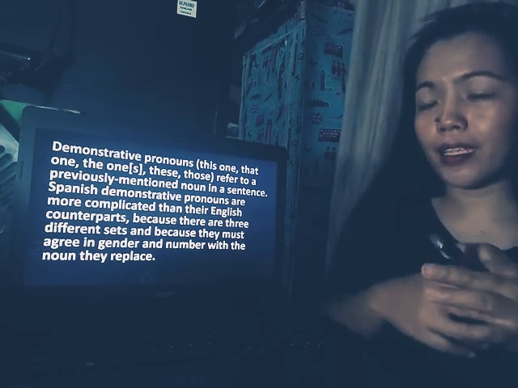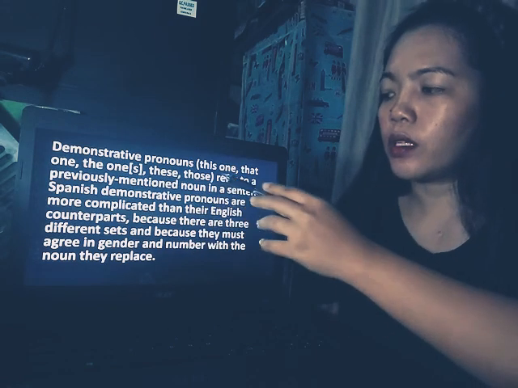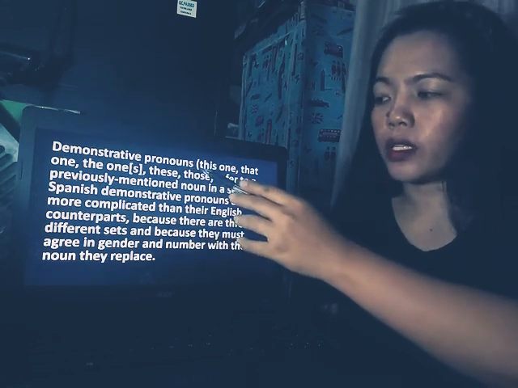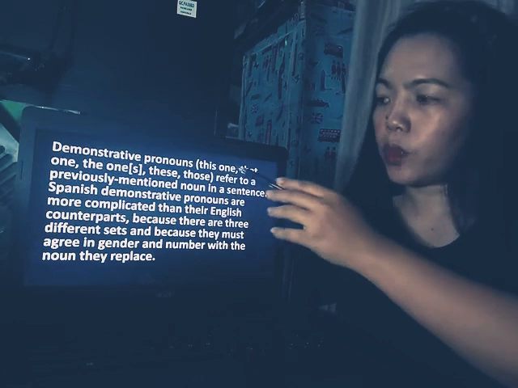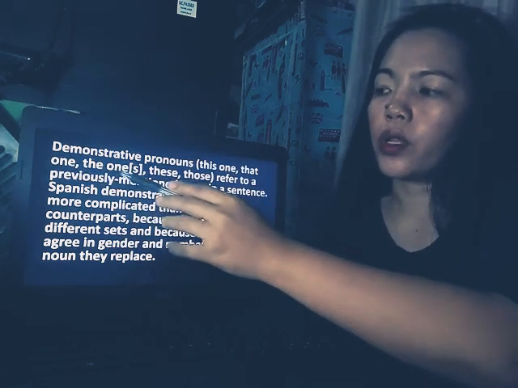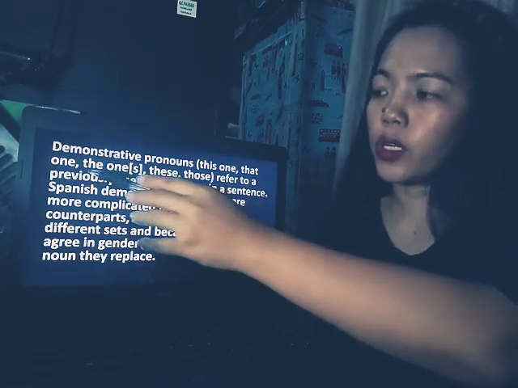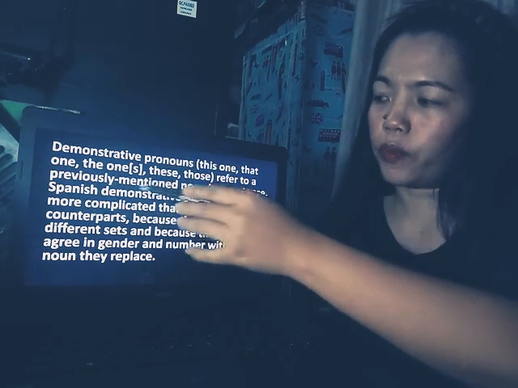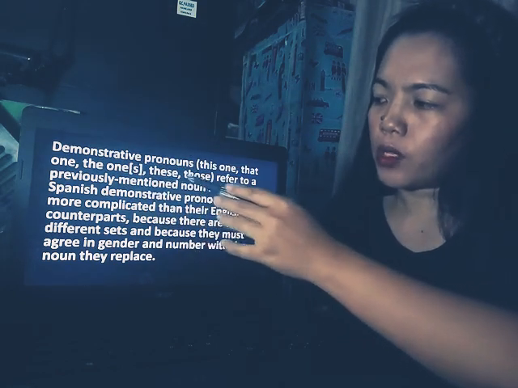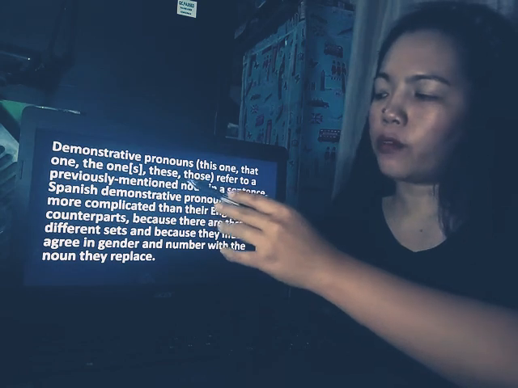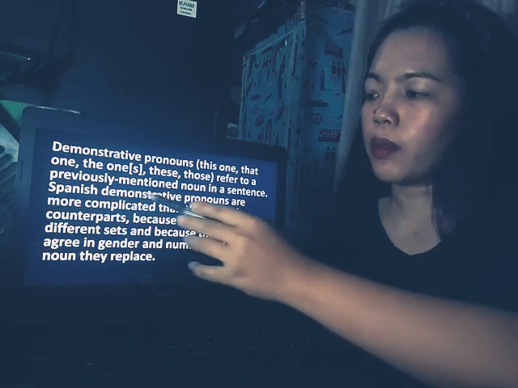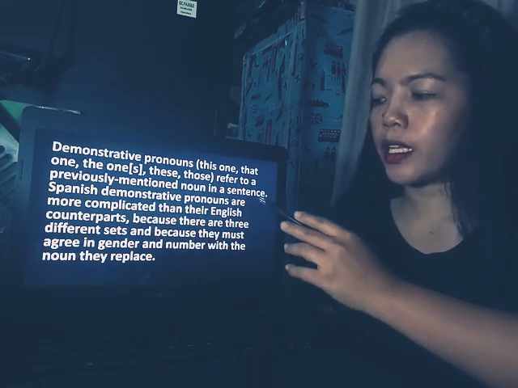Okay, or este. Demonstrative pronouns such as this one, that one, or those ones. Or rather like far from you. Okay, these or those in plural form refers to a previously mentioned noun in a sentence.